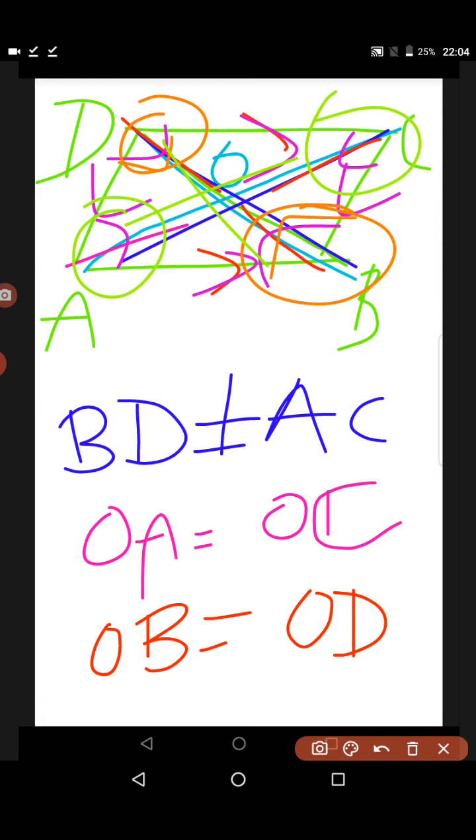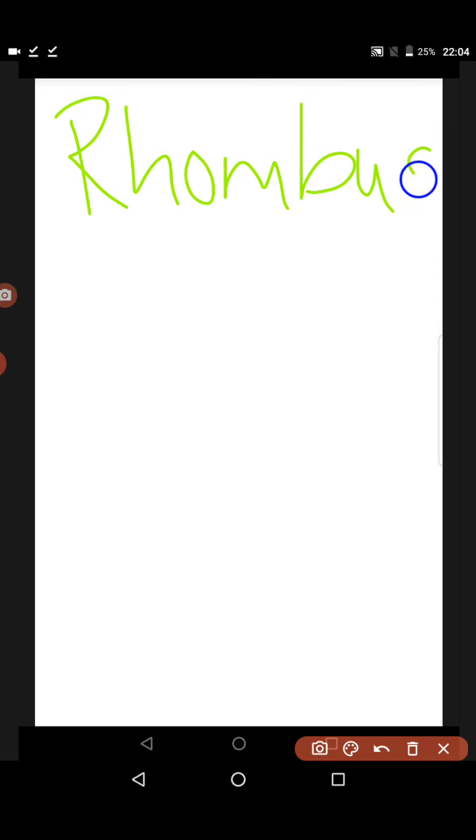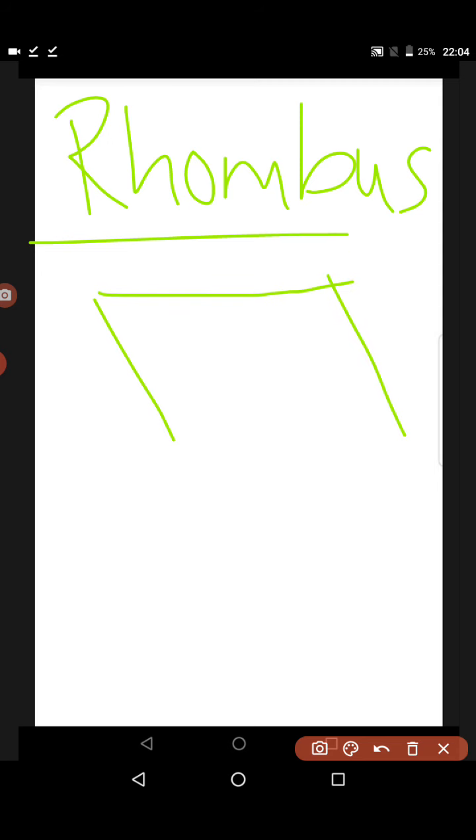Now let's move on to rhombus. Let's make a diagram of a rhombus. We already know it is like a parallelogram only, but all sides are equal.